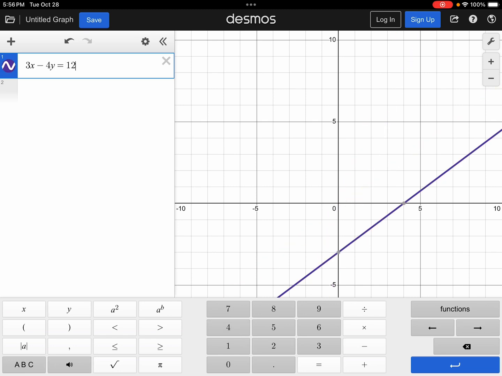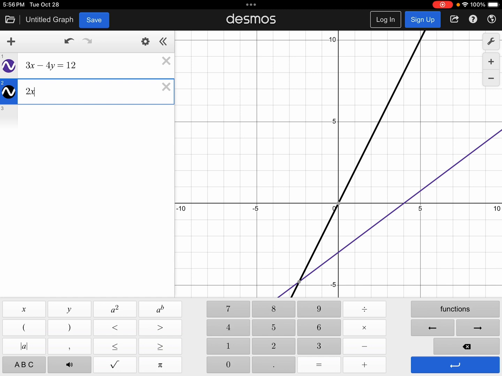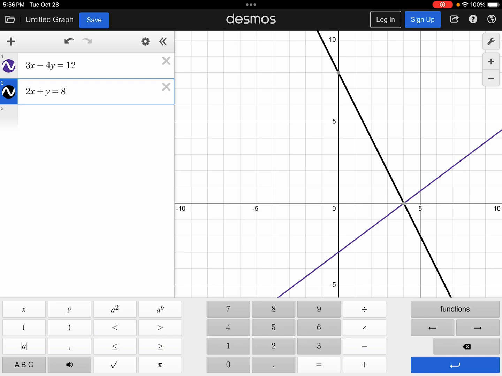I can type that in without putting it in slope-intercept form, and it will still give me my graph, okay? So then let's say I had a second equation, and it's 2x plus y equals 8. I just type that in. Again, it graphs for me.